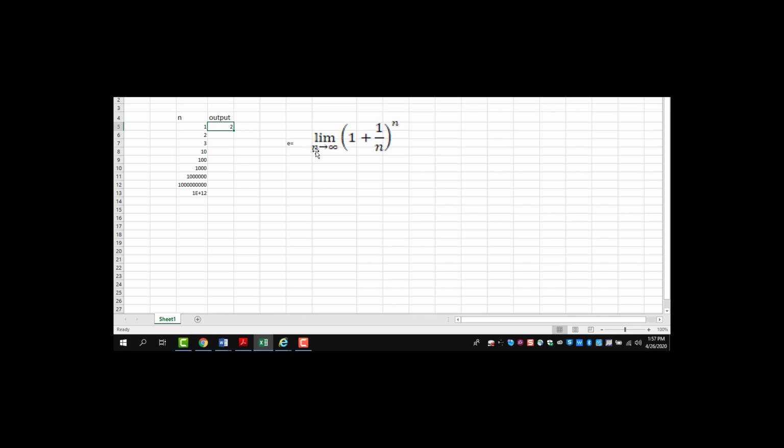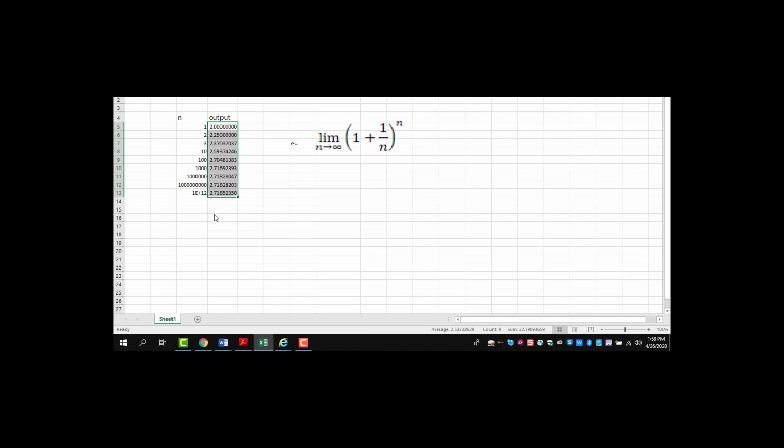This says take n to approach infinity. So when I get up to 100, I get 2.7. When I get up to a trillion, it gets even more accurate: 2.71852350.